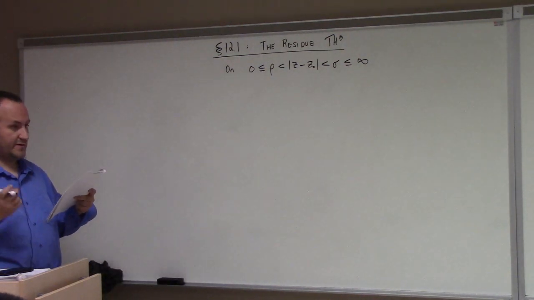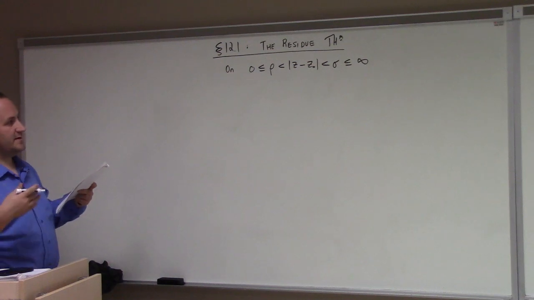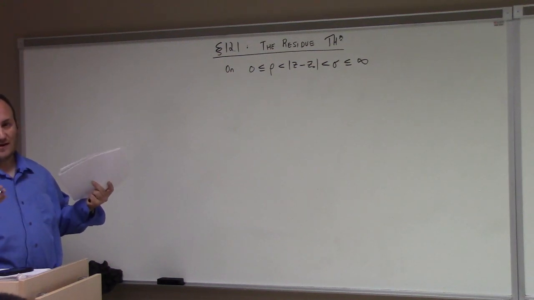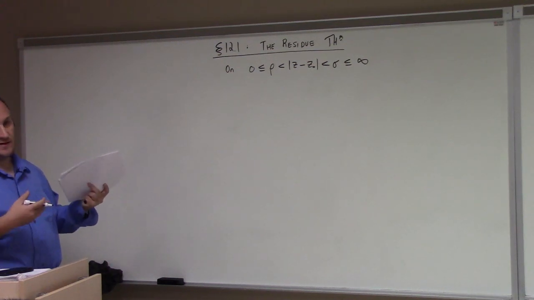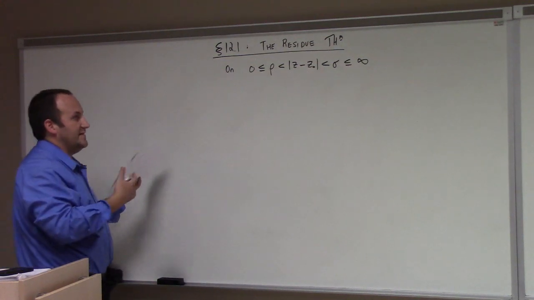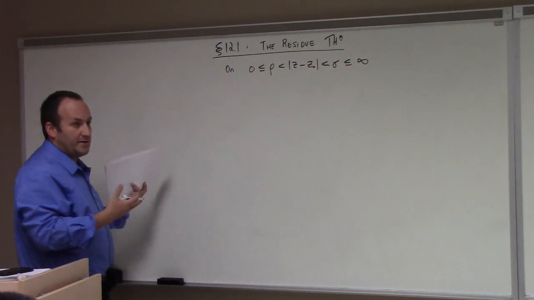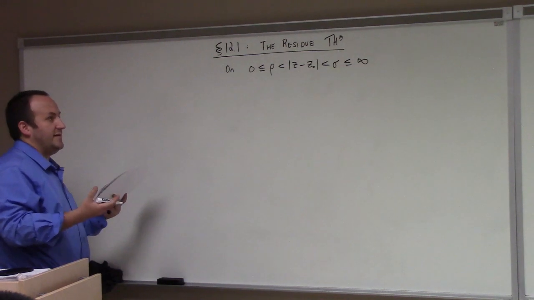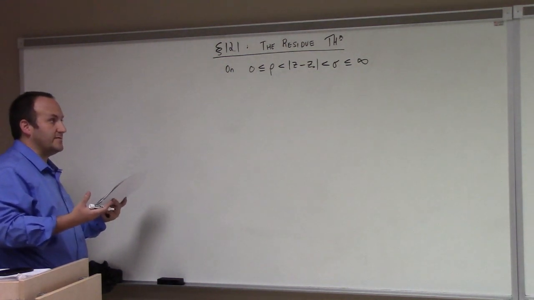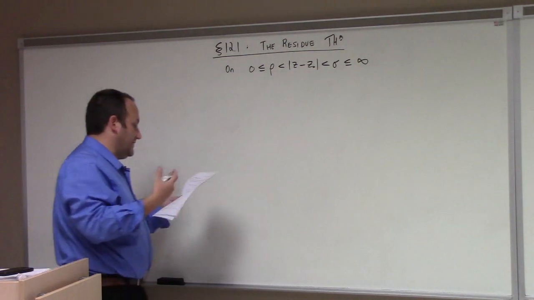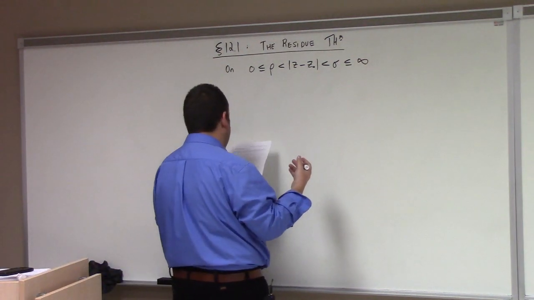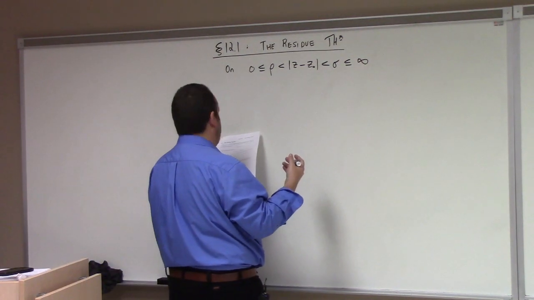It could have 0. It could go out to infinity. It might contain the center. It could be a disk, right? It could be the whole complex plane. Lots of choices depending on what we make rho and sigma here. But we've learned that on any such annulus, be it degenerate or not, we can find a Laurent series expansion for a function which is analytic on such an annulus, right?